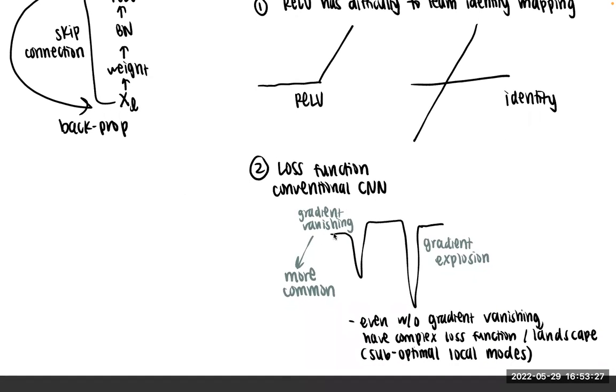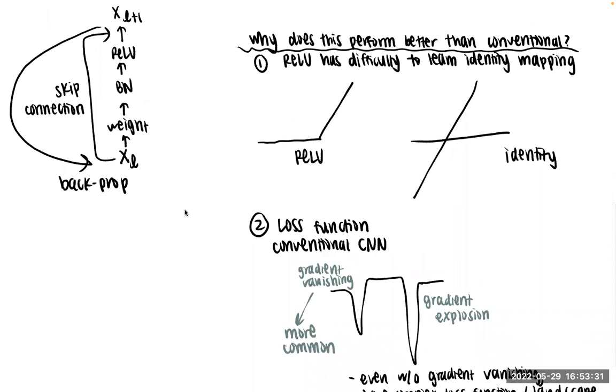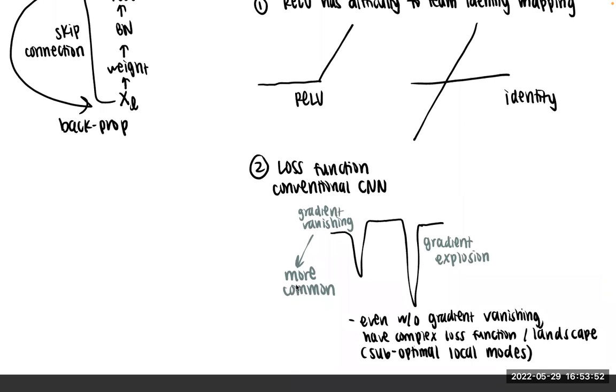But actually, apparently, even for a deep network with batch normalization, you don't seem to suffer too much from the gradient vanishing problem or gradient explosion problem. So the main problem may still be that the network is very multimodal. So you can easily be trapped in a very suboptimal local mode.